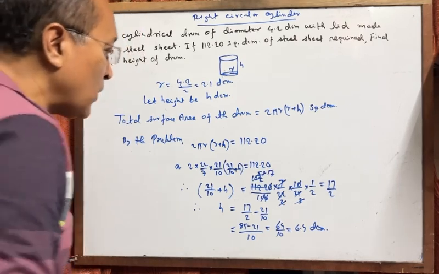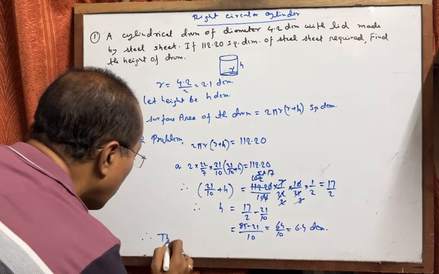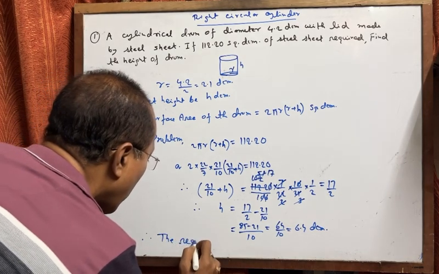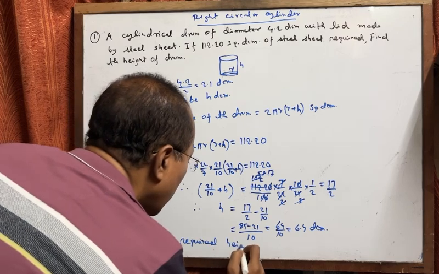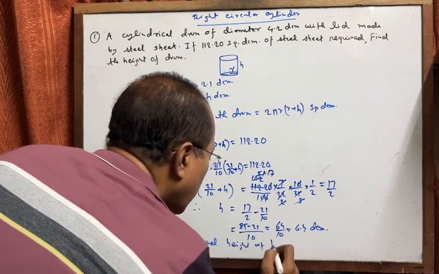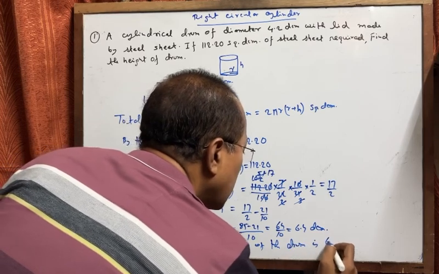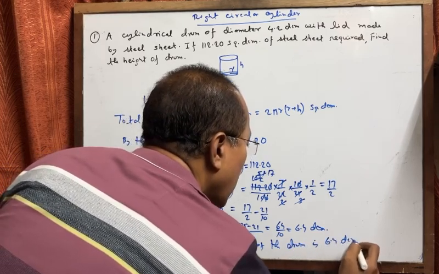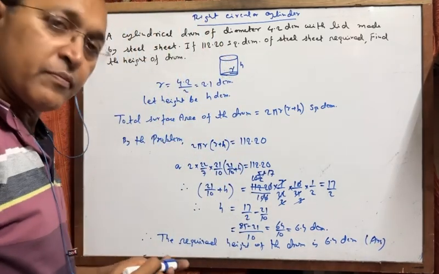So therefore, the required height of the drum is 6.4 decimeter. Okay.